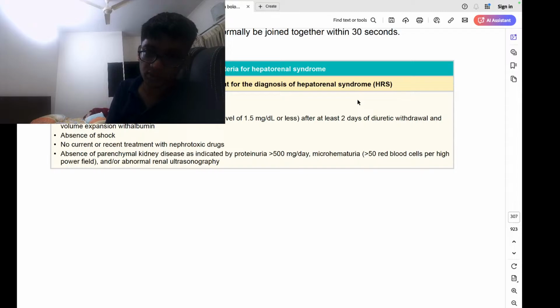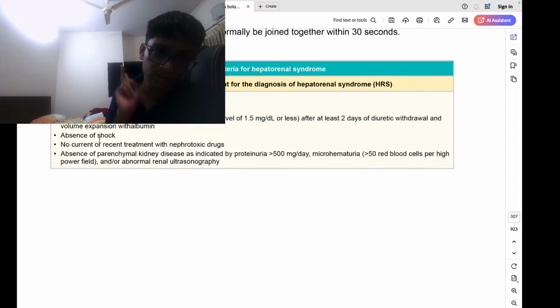Proteinuria, microhematuria, and abnormal renal ultrasonography are absent, meaning absence of parenchymal kidney disease. All of these are required: no current or recent treatment with nephrotoxic drugs, absence of shock, no improvement of serum creatinine after at least 2 days of diuretic withdrawal and volume expansion with albumin.